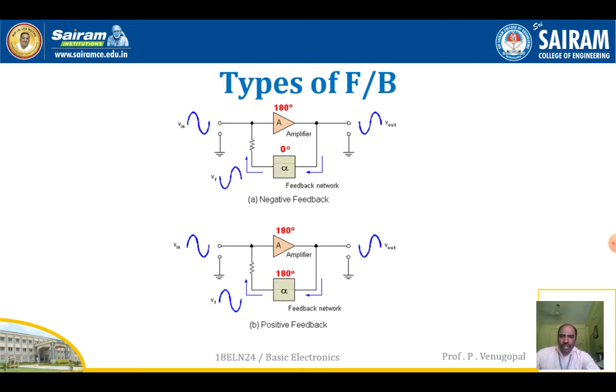So what will you get? We will get the feedback signal with an inverted phase with respect to the output signal. Then that is in phase with the input signal, which shows that the feedback signal is in phase with the input signal. That type of feedback is positive feedback, which is usually employed in oscillators.